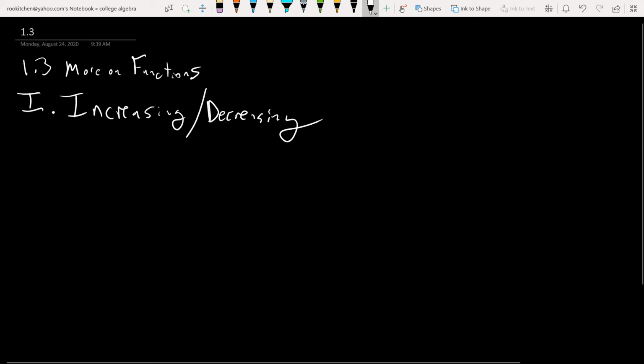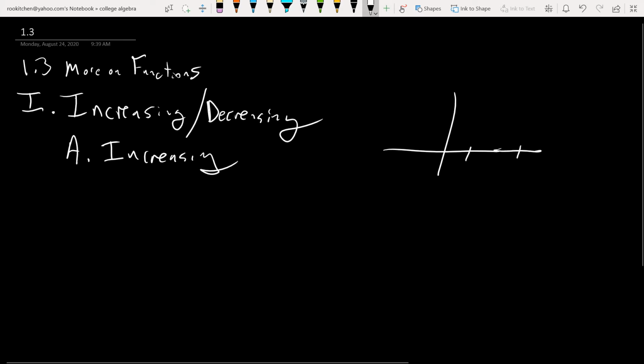Okay, so more than just saying, is it going up? We'll have kind of an algebraic definition. So let's take a look over here at what's going on. So we'll say we have one point x1, the first one we see, and then the second one we see x2. For something to be increasing, that would suggest that the point x1 is lower than the point x2, right?